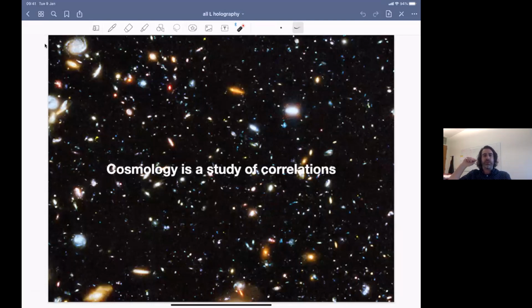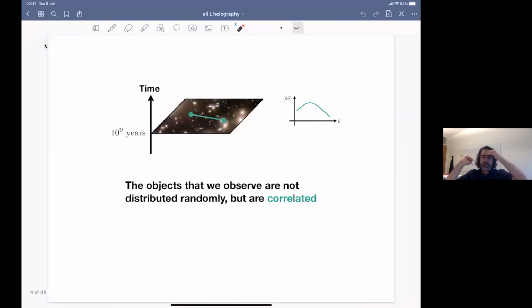All we can do is look out in the sky and see objects in the sky. We see stars and galaxies. And what we can do is ask about how the positions of these objects are correlated with each other. There's a remarkable fact that the galaxies we see in the sky are not randomly strewn about, but their positions relative to each other are actually correlated.